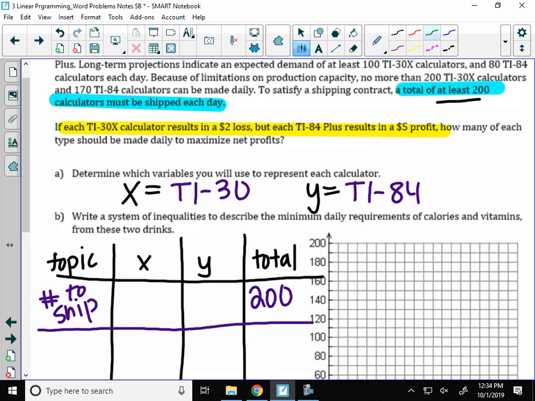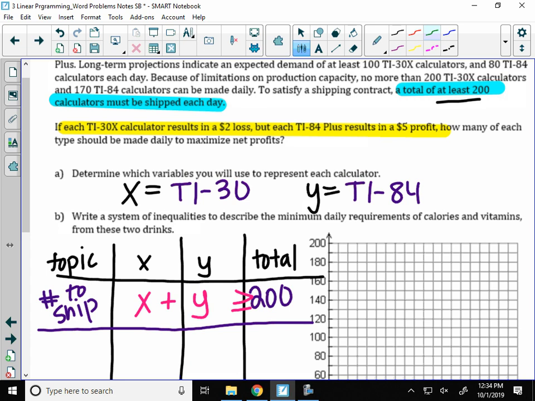We're saying all the TI-30s and all the 84s have to be at least 200. Shout it out. X plus Y. Okay. Now, be careful on your inequality here because it says all the calculators has to be at least 200. So it's going to be greater than or equal to 200. Okay, so that's one equation.